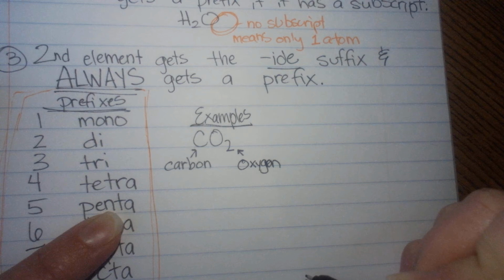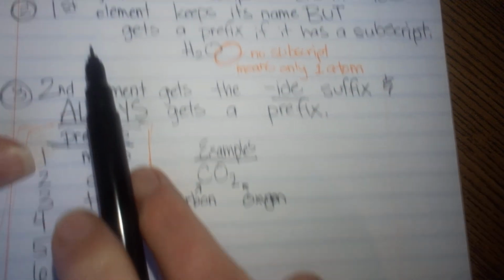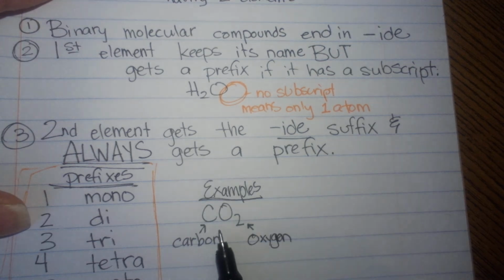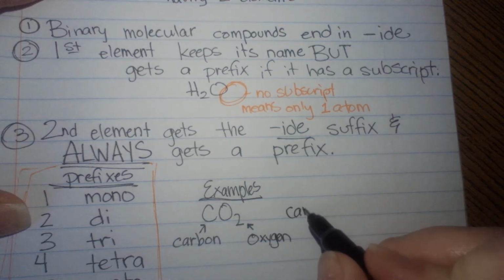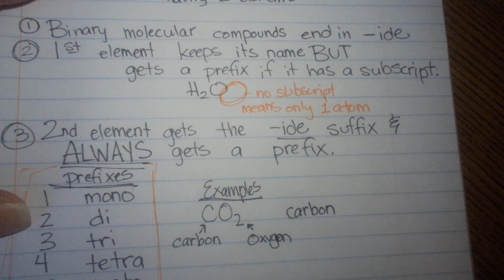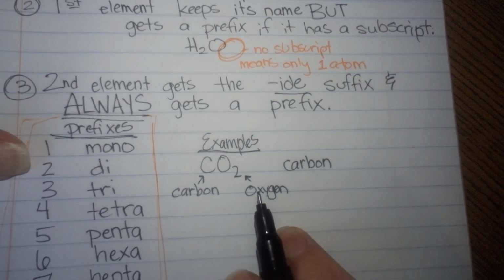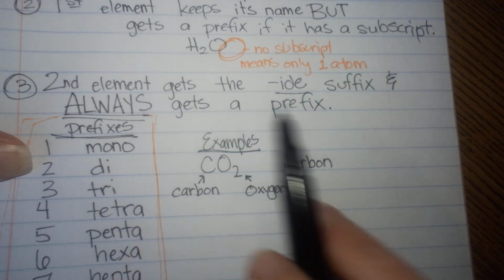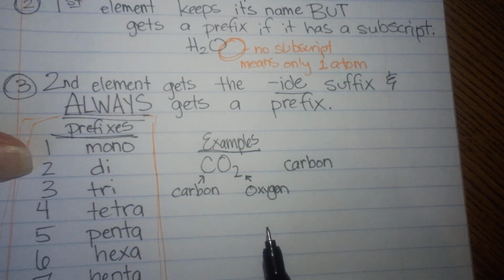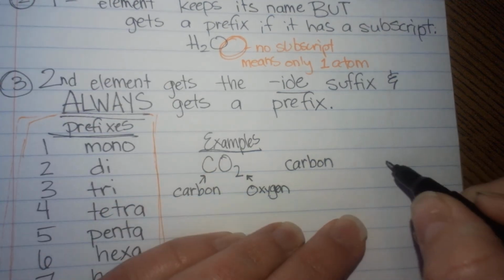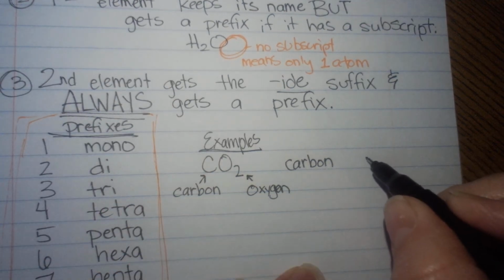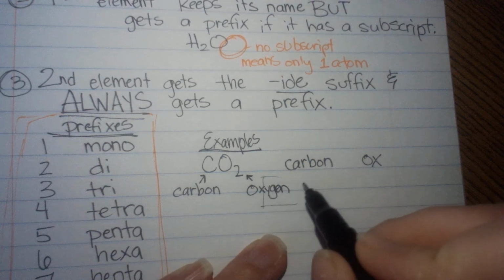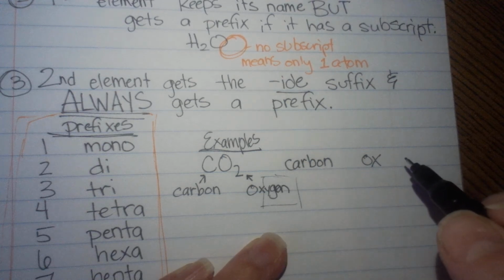Okay, so the first element keeps its name, but gets a prefix if it has a subscript. Well, I don't have any subscript here, so I'm going to write carbon. And the second element gets the "ide" suffix and always gets a prefix. So I'm going to keep "ox," because the second part of this word is going to leave.